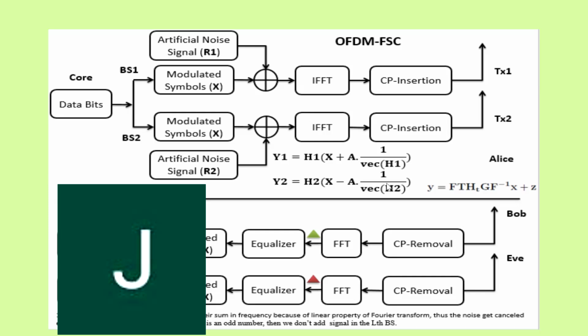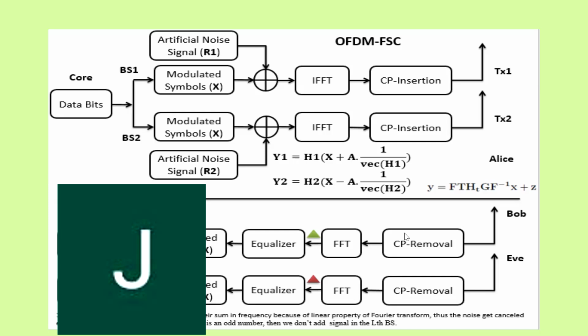So the received signal at Bob from antenna 1 will be equal to H1, the channel between them, multiplied by X plus A over H1, and Y2 is equal to H2 multiplied by X minus A over H2. Okay, so now when you add them, they will reach Bob and they will add to each other.